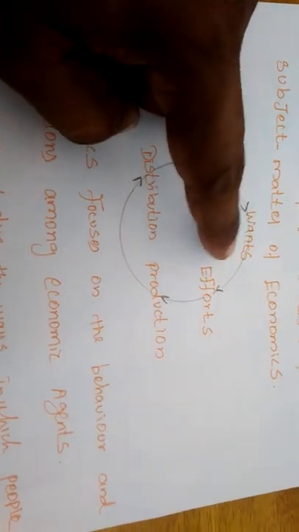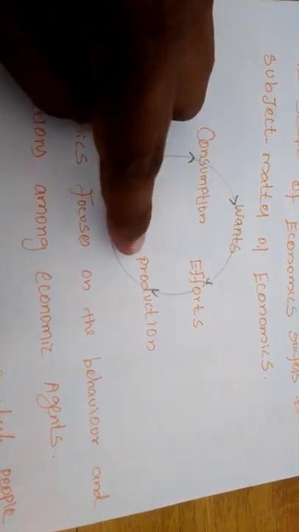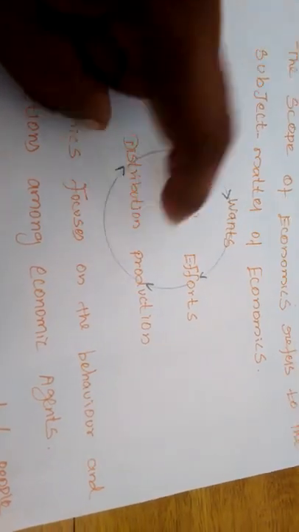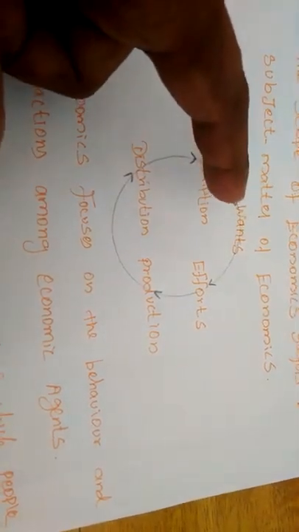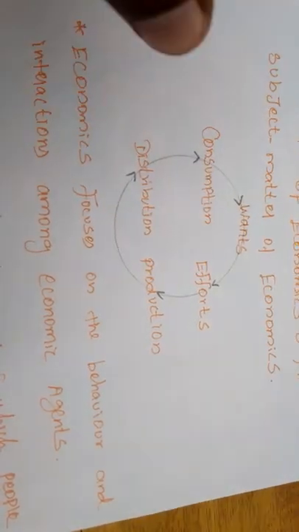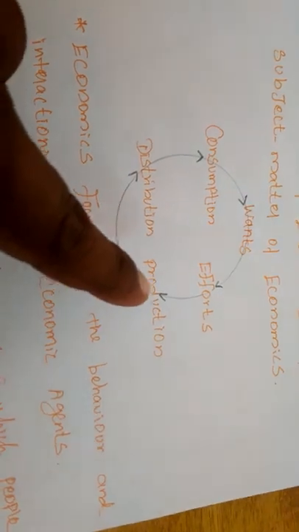By taking that effort, the producer will produce enough commodities. So production appears from the basic needs of the wants. So the production is over.